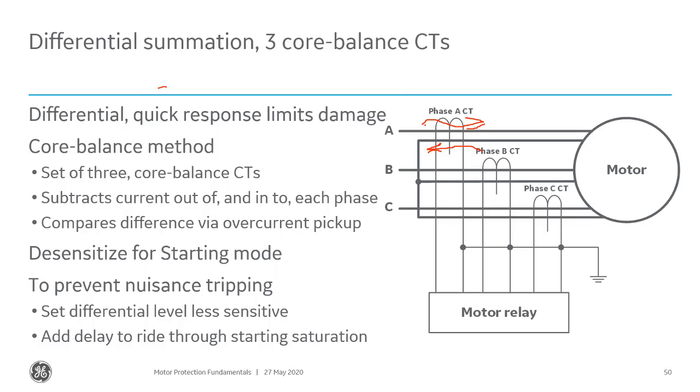So unless we have a fault, we should not see current in the secondary of the CT. So this lets us set this very sensitive. Now we can also do some things in the motor to desensitize it during starting. This particular CT arrangement, we don't really have to. Okay.